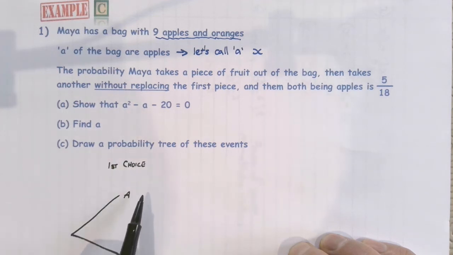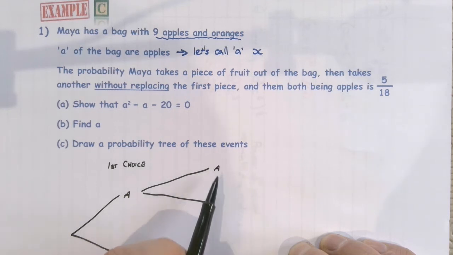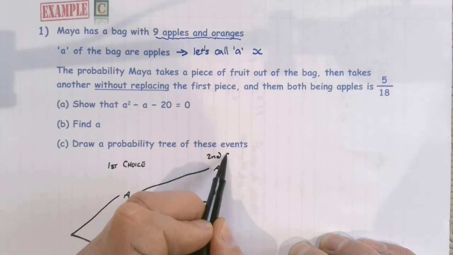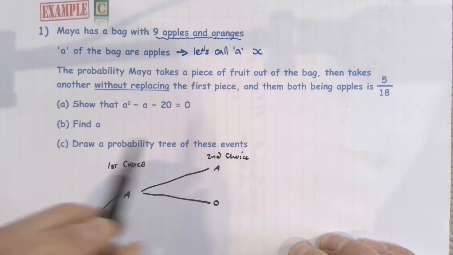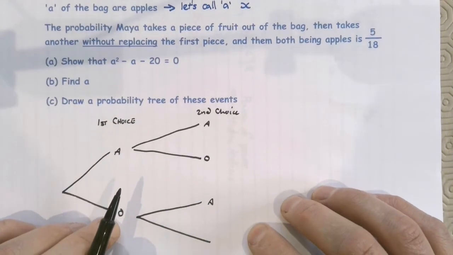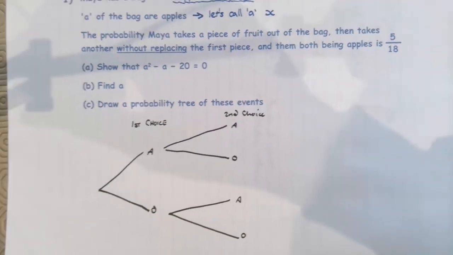And then we're going to choose again, and we'll either get an apple or an orange. And we'll choose again down here, and we'll either get an apple or an orange.